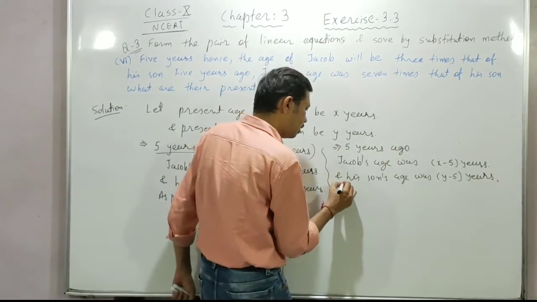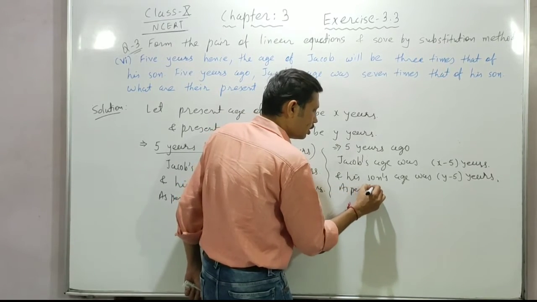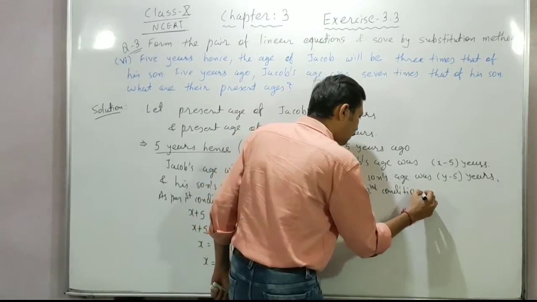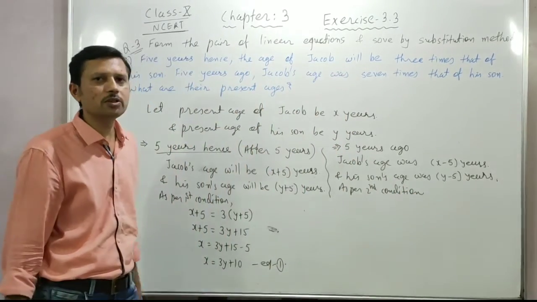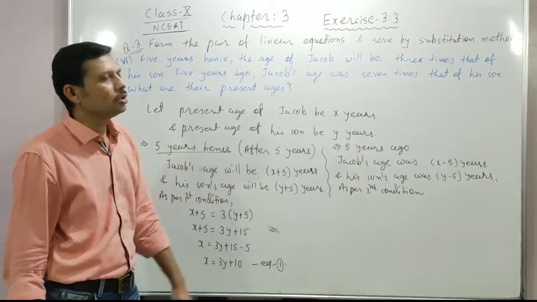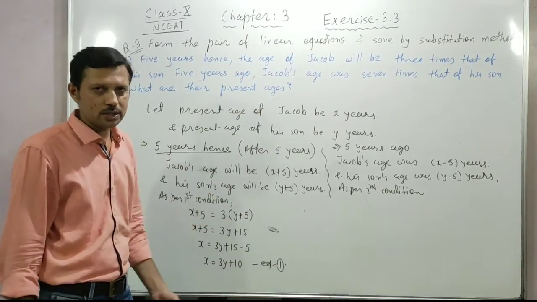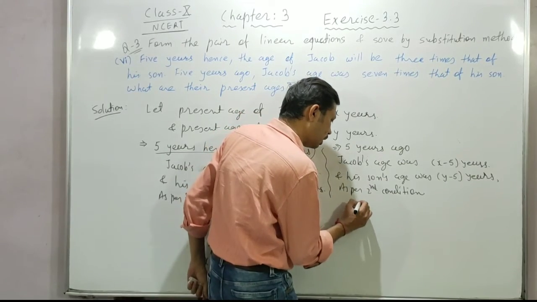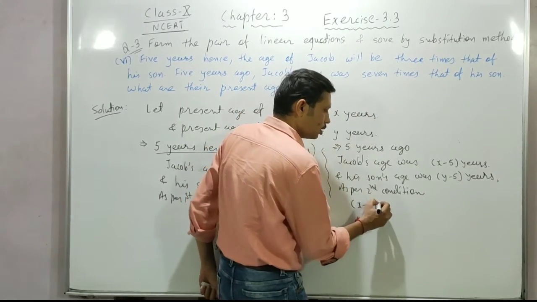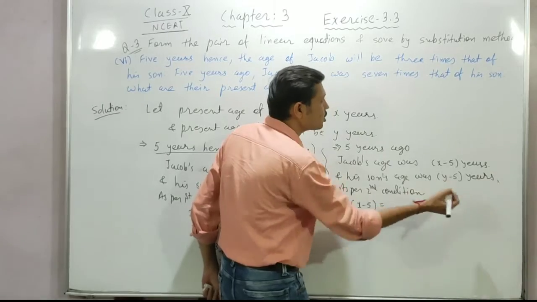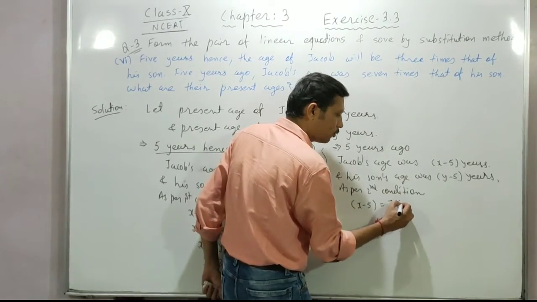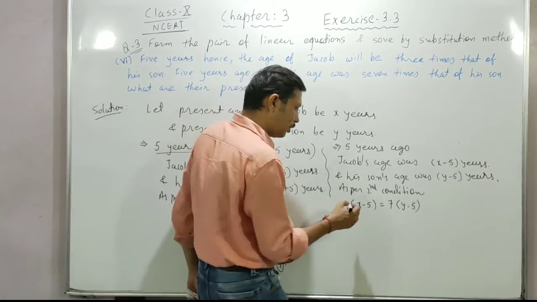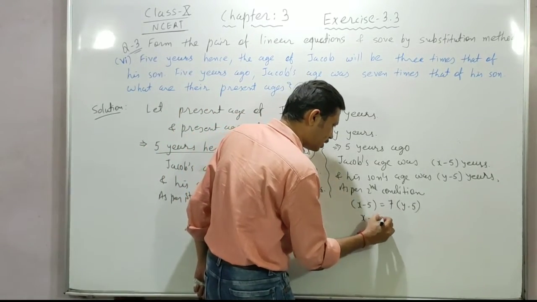Clear? So as per second condition, that is 5 years ago, what is the comparison between both the ages? Jacob's age was 7 times that of his son's age. Jacob's age, that is x minus 5 years, is equal to 7 times that of his son's age. Now we will expand here. x minus 5 is equal to 7 times y minus 5.